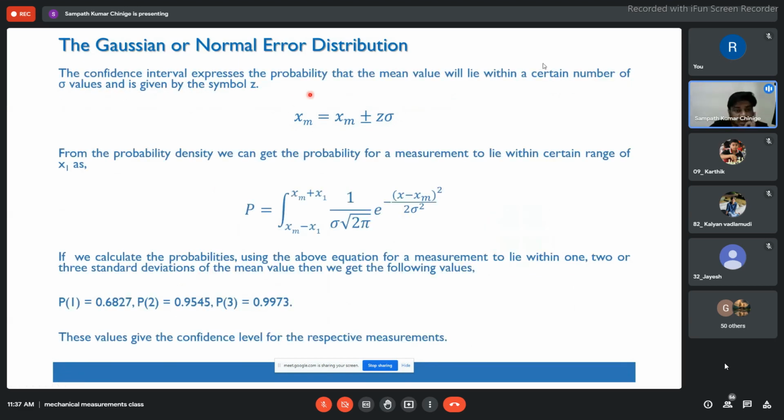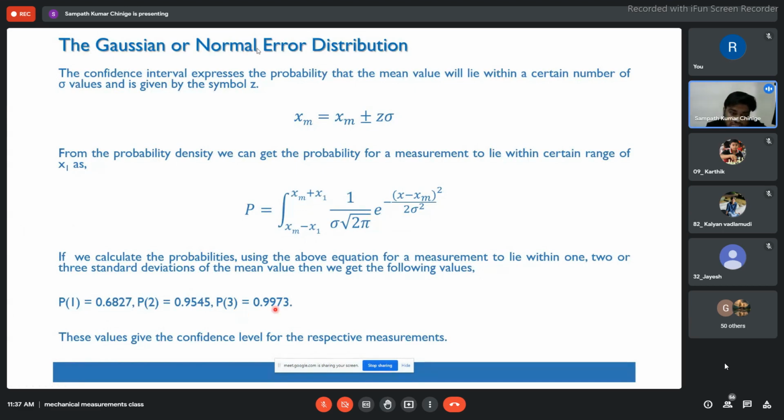Now the confidence interval, whatever I talked about, expresses the probability that the mean value will lie within a certain number of standard deviations, and it is given by the symbol Z. What I have written here is P of 1, the probability of values that lie within one standard deviation.